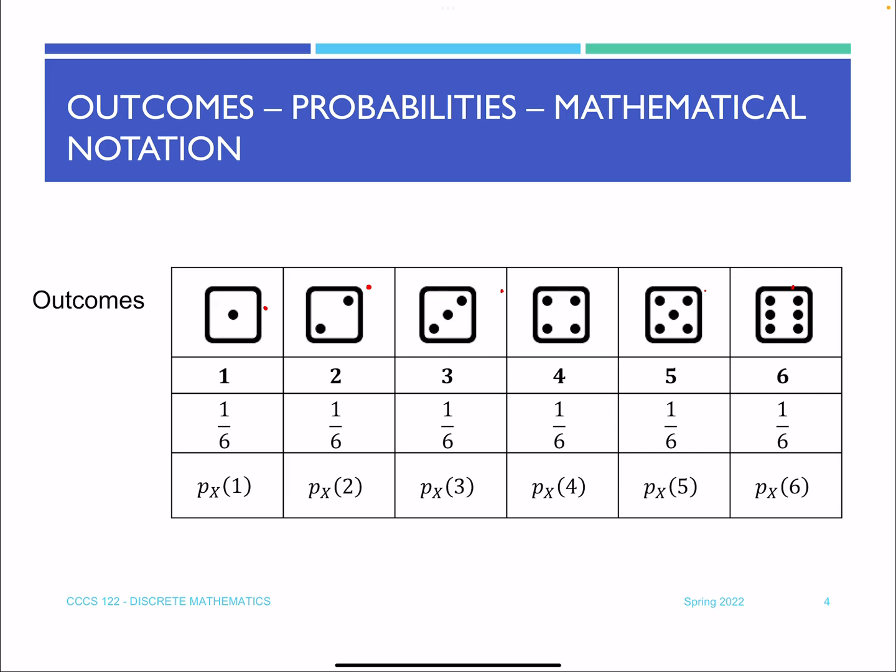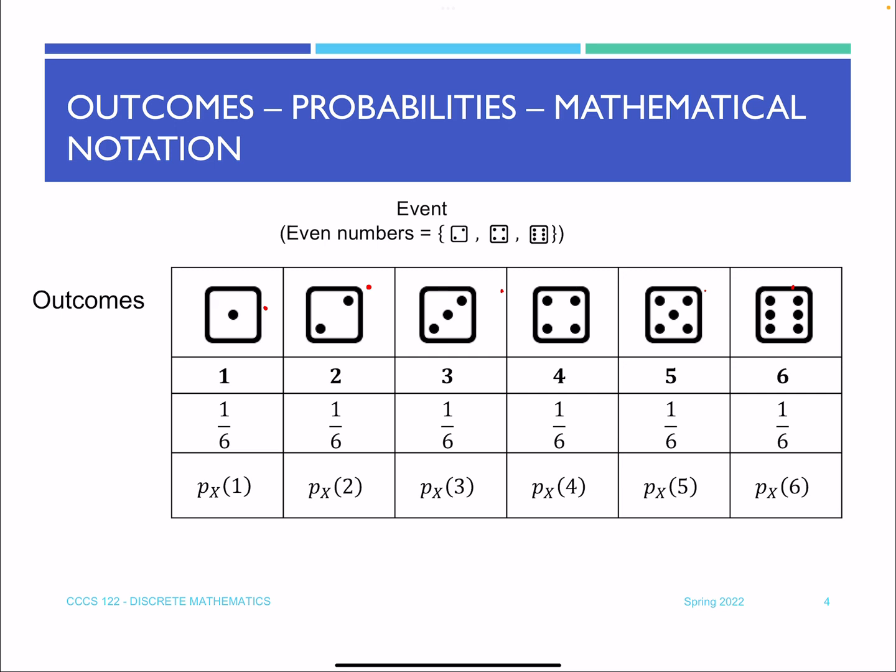Each of these outcomes has a probability, of course. And each of these columns here is specific to one outcome.